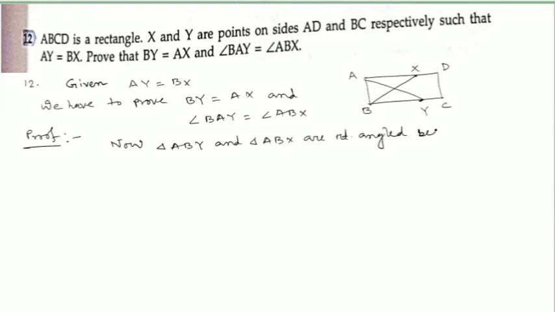Because angle A is equal to angle B is equal to 90 degree. We know that each angle of a rectangle are right angle. So therefore angle A is equal to 90 degree, angle B is also 90 degree. Therefore ABX and ABY both are right angle triangles.